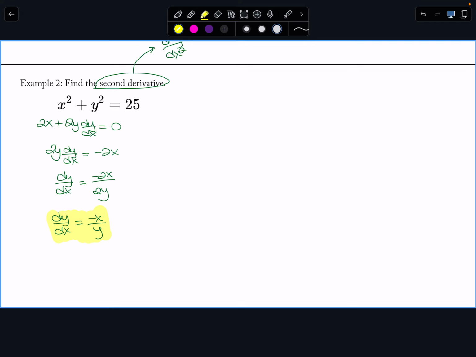Problem comes in the second derivative. Because I have both variables in the top and the bottom, I have to use quotient rule.